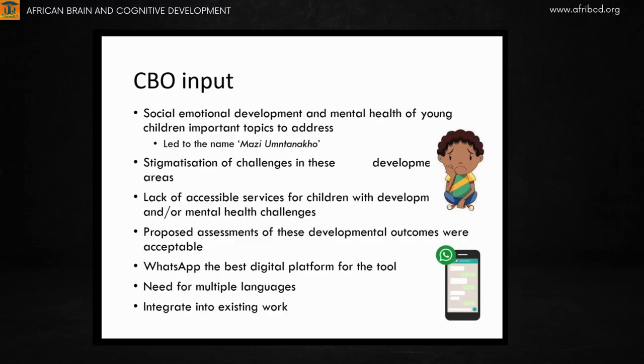In terms of, say, a child with ADHD or on the autism spectrum or having any other disability, we heard stories of children being locked away, not being allowed into the community, and parents just having a general sense of, we don't know what to do, or we don't really want to own up to this being the challenge.